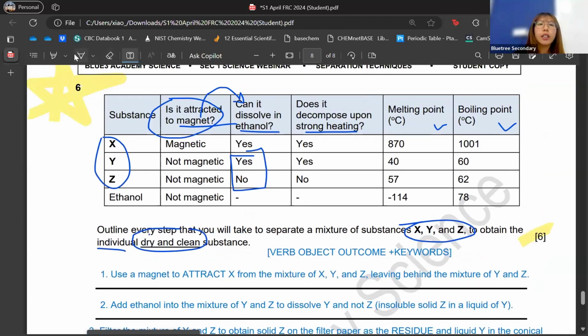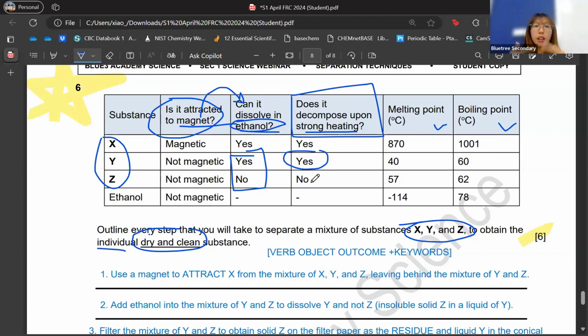Okay, so this is where the next clue comes in. For liquid Y, it will decompose upon strong heating. Okay, so remember, when I want to convert liquid Y to a solid Y, I'm trying to remove the liquid, which is removing our solvent here, which is ethanol. So when I want to remove ethanol, I'm trying to do a purification technique, either evaporation or crystallization.